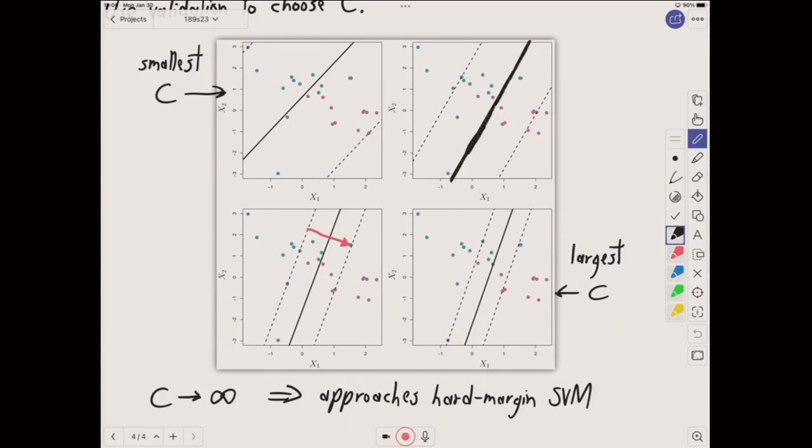That is considered to be a violator. For example, this blue point here is on the correct side of the decision boundary, so it is going to be classified correctly, which is good, but it's still not as far away from the decision boundary as we want, so we're still paying a penalty for that. It's not as big a penalty as if it were misclassified, but we still pay a penalty.